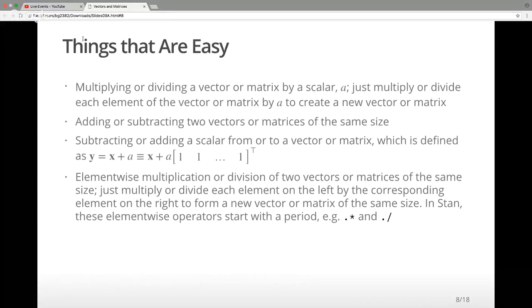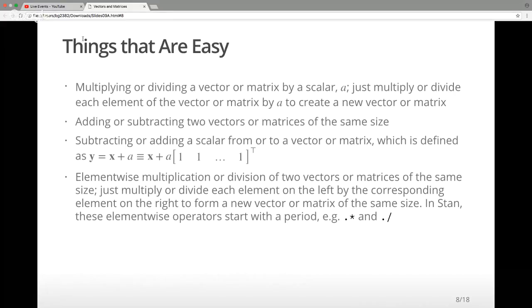Also easy is adding or subtracting two vectors or matrices that have the same size. In the case of a matrix, that means it has to have the same number of rows and columns as the matrix you're trying to add or subtract it with in order to have a coherent result. In that case, you just form a new matrix of the same size, and you go element by element doing your addition or subtraction.